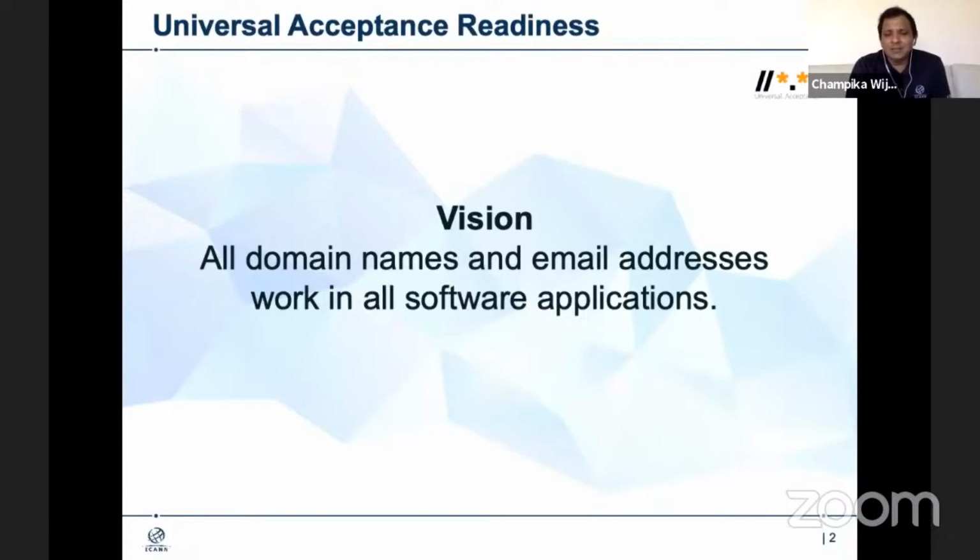So with the evolution of DNS, we have to think about whether our software and various applications can support these various domain names that we have now, and also the different formats of email IDs. Because in the world, more and more people have started using these different domain names and different formats of email addresses. That's the context of this talk.